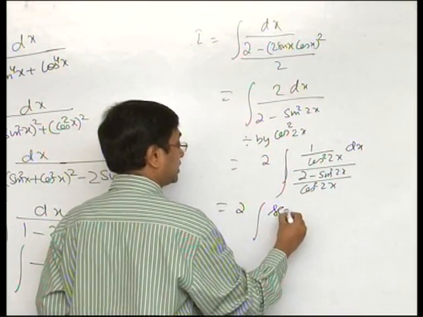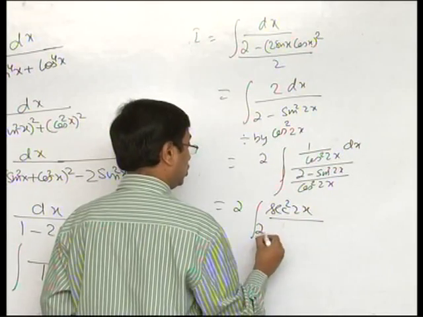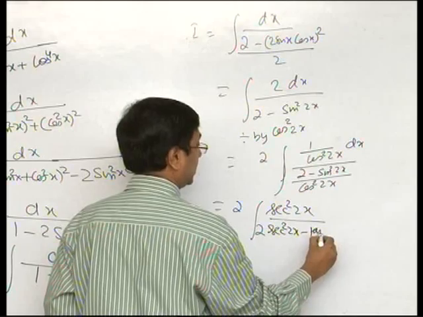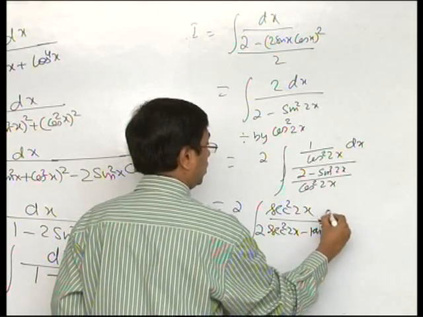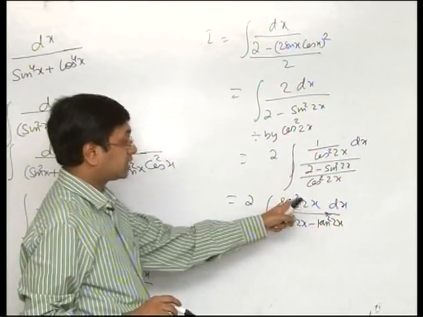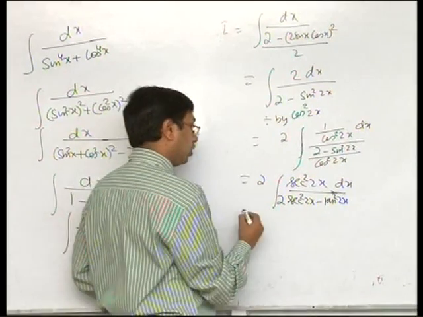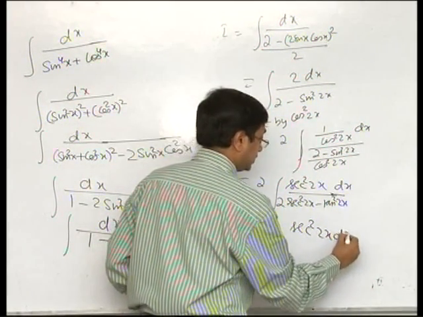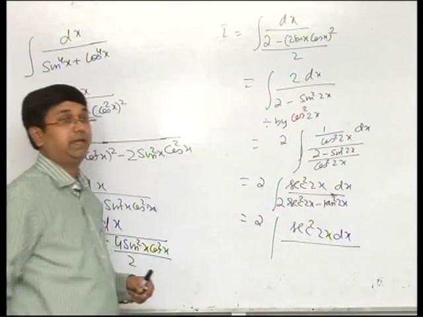It becomes what? Sec square 2x, 2 upon cos square is sec square 2x minus tan square 2x. Now sec square is the derivative of tan, so the entire denominator needs to be converted in terms of what? Yes, tan square x.